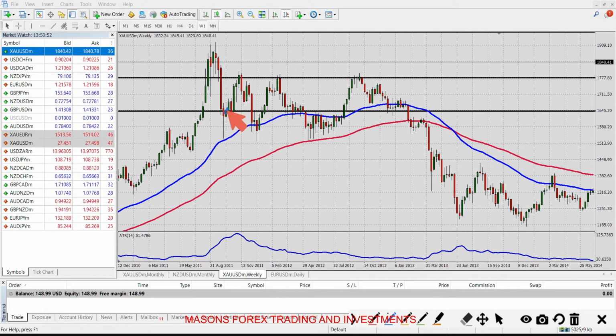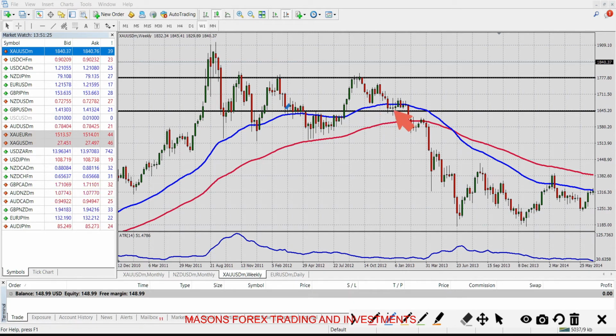So you can see we had some touches here. We had a touch here. We had a touch here. We had some touches in this area. We had some touches here. This line was initially a resistance, and it became small support based on those two candles.